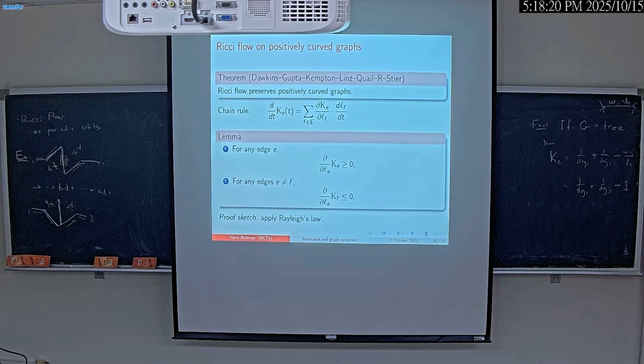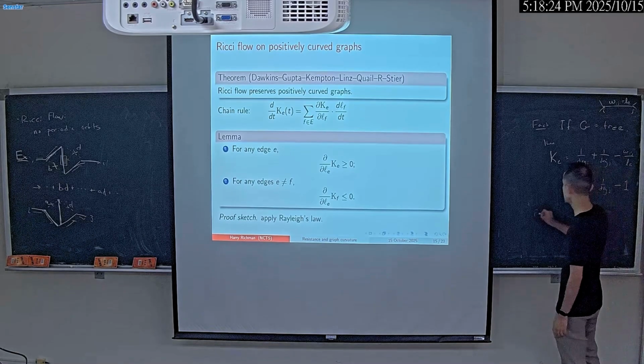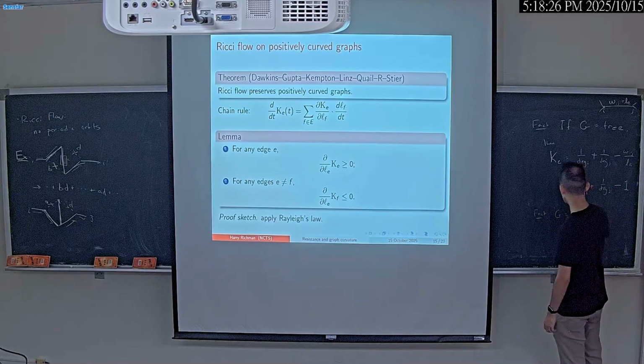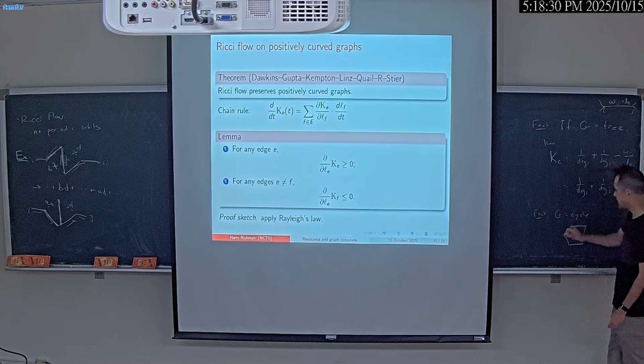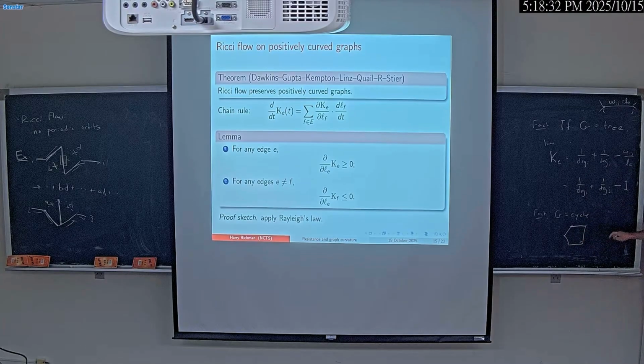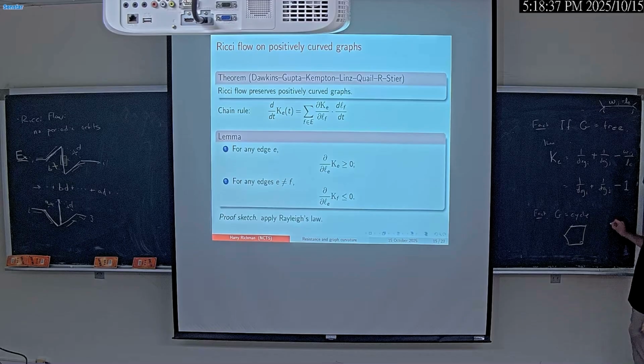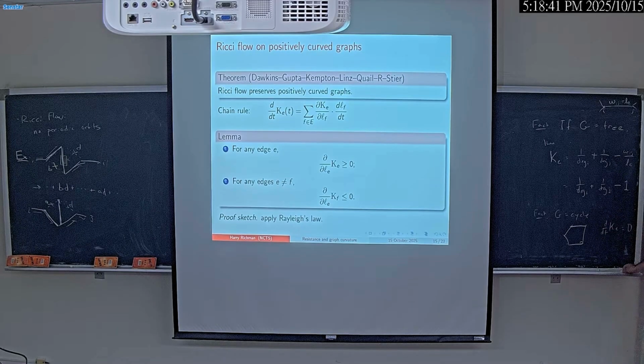But it's not all of them. Another example is cycles. If G is the cycle, even if the lengths are different, it's also true that the curvatures will not change under Ricci flow.